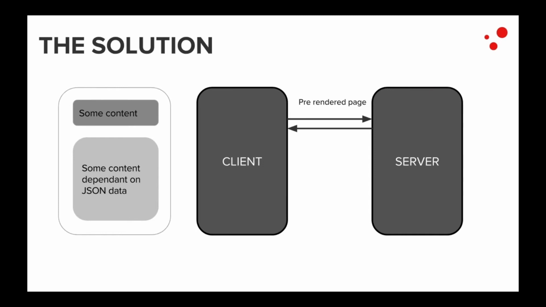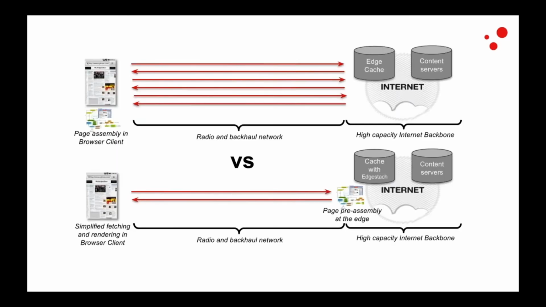So why does the web browser need to send 3, 4, 5, 7 different requests to your caching layer before it is capable of rendering the page? Why can't we pre-render the page at the caching layer at the very edge of your architecture and simply reply back? That's what we were thinking about when we first developed Edgestash.